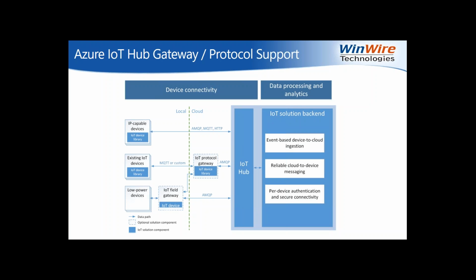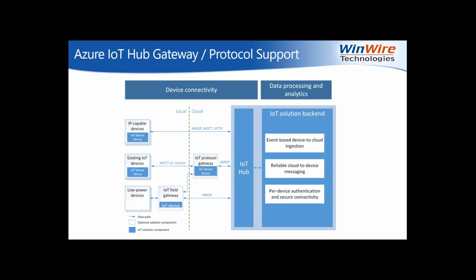So it acts as an intermediary between your devices and IoT Hub. This protocol gateway is an application that you can write and host on cloud, and it converts your MQTT protocol to AMQP. So that is one way of achieving AMQP in devices that don't directly support the AMQP protocol.